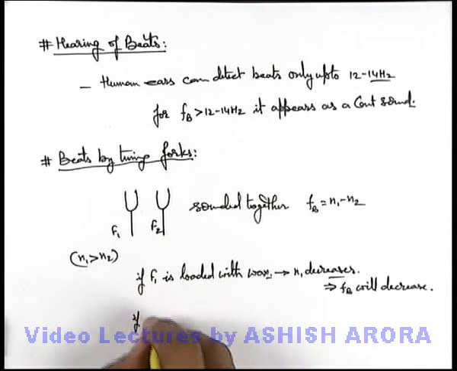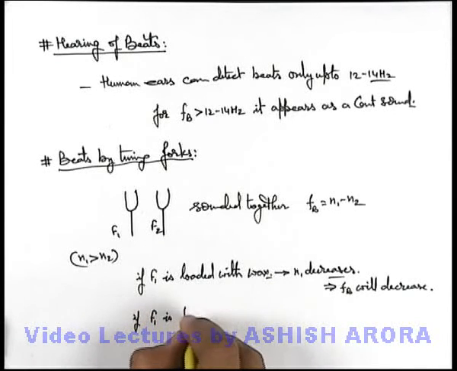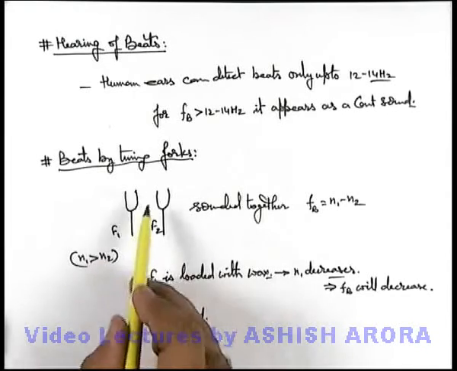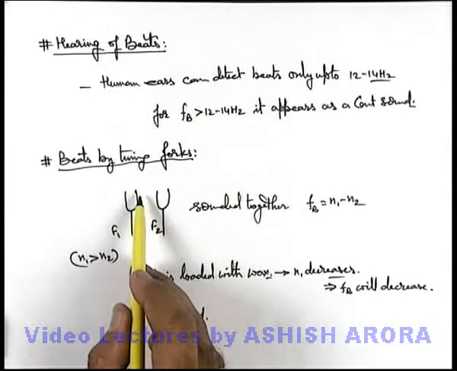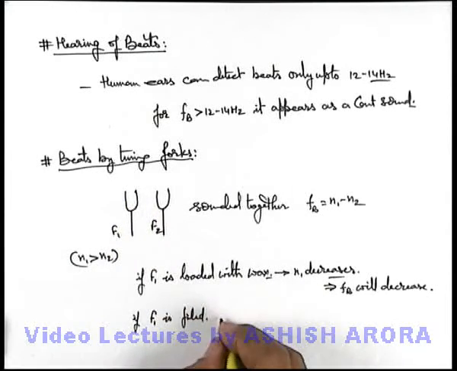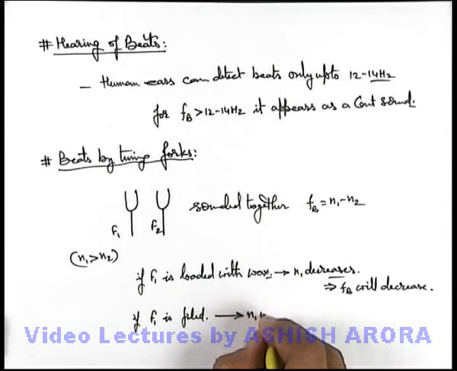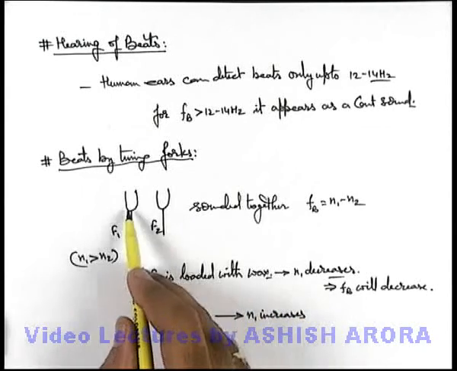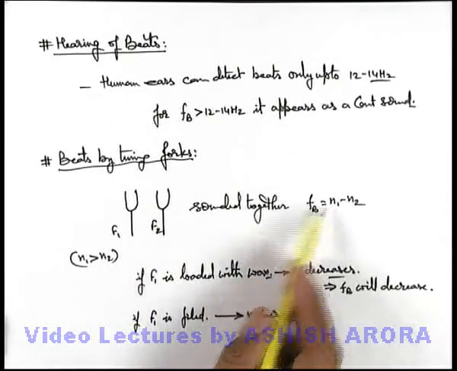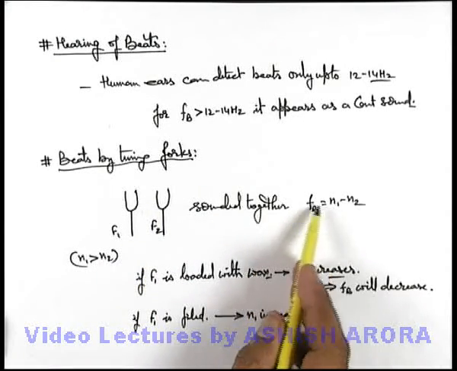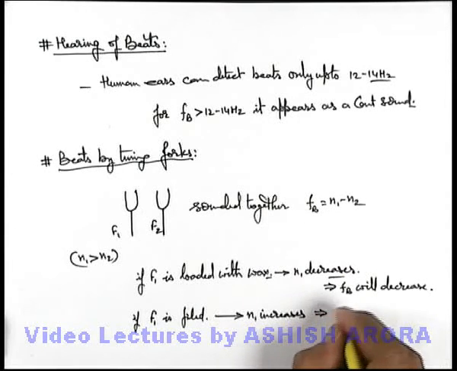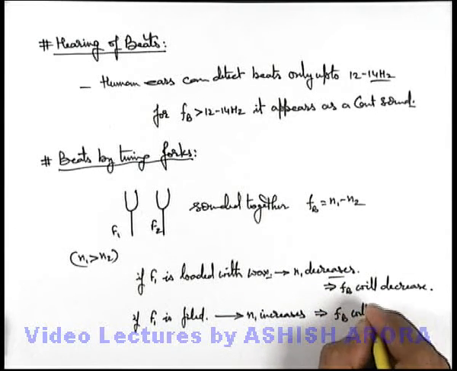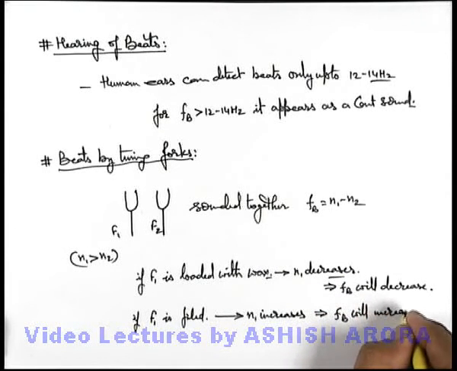Sometimes it is given that F1 is filed. When the arms of a tuning fork are filed, they become thinner, and correspondingly N1 increases. So if the frequency of a tuning fork increases, and it is N1 which is the higher frequency, this implies the beat frequency will increase.